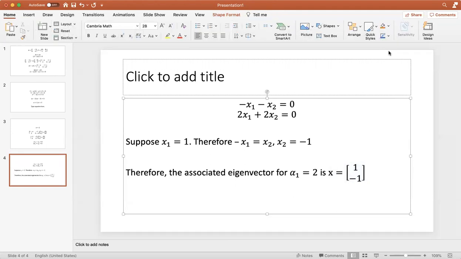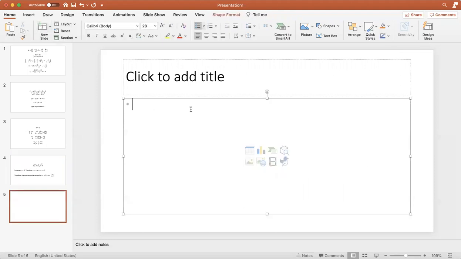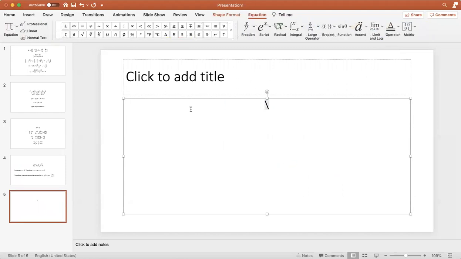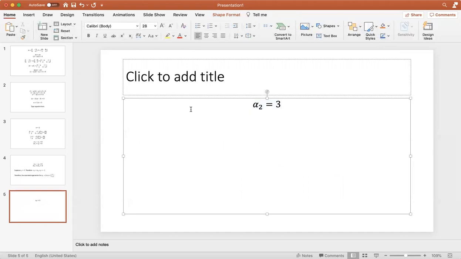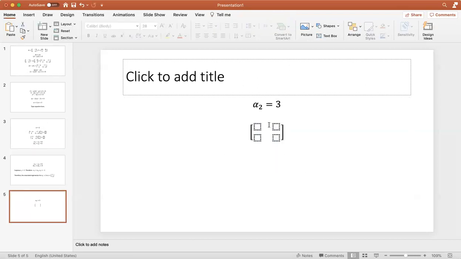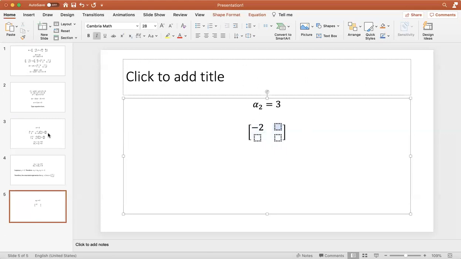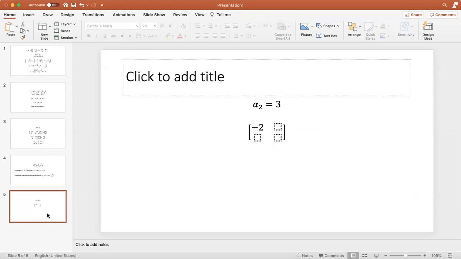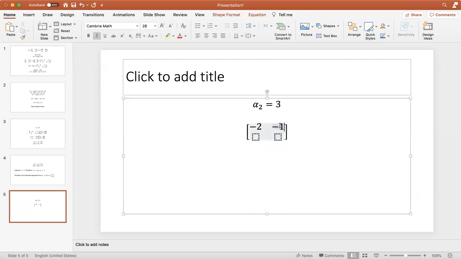Now, how about for alpha 3? For alpha equal 3, you do the same steps. Let's denote that as alpha 2, the second eigenvalue. Doing the same steps, you'll end up with this system of equations. So you have 1 minus alpha, so that's 1 minus 3, that's negative 2. You have negative 1, another negative 1 here.